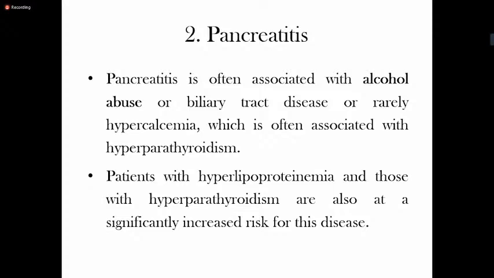A majority of times, these people will give you a history of ingestion of alcohol. So pancreatitis is often associated with alcohol abuse, okay? Or sometimes biliary tract disease, or rarely with hypocalcemia, which is often associated with hypoparathyroidism.